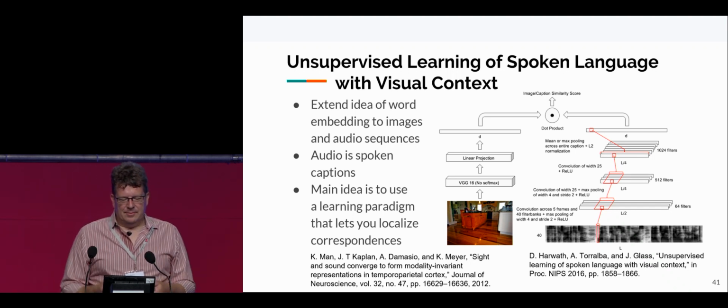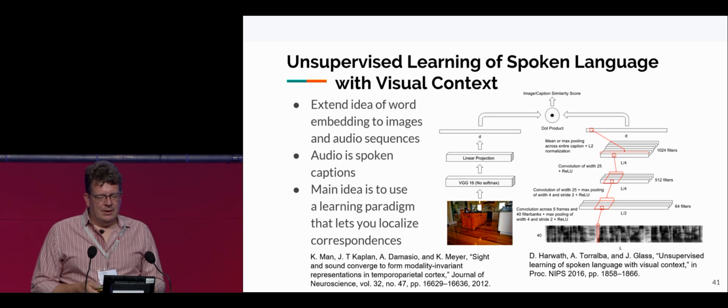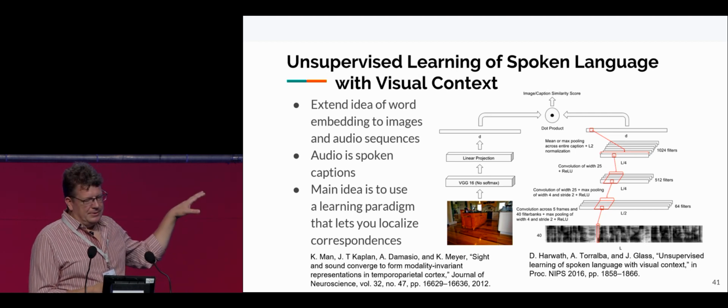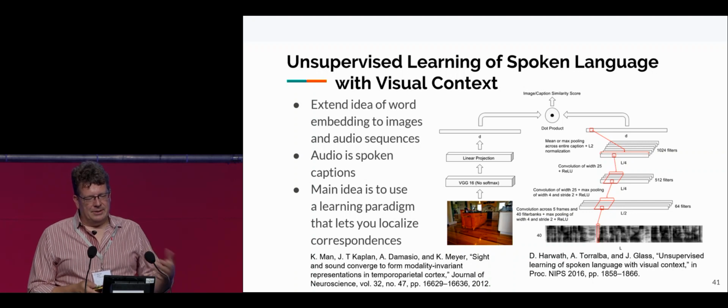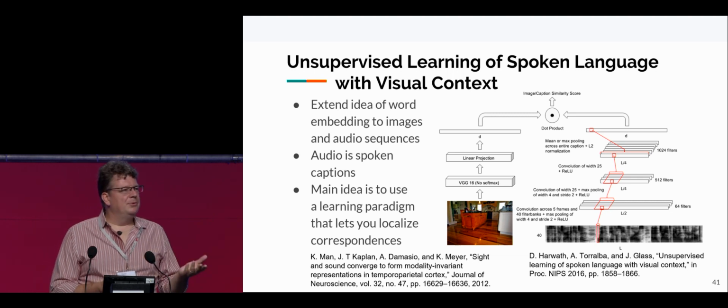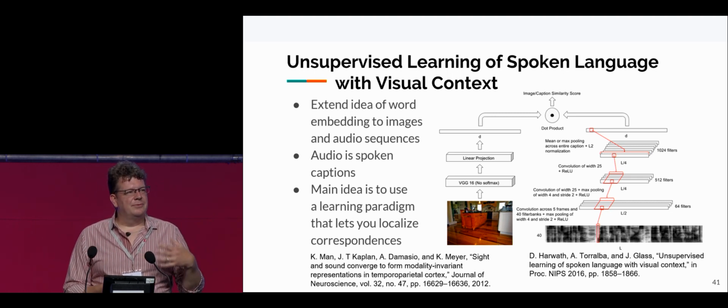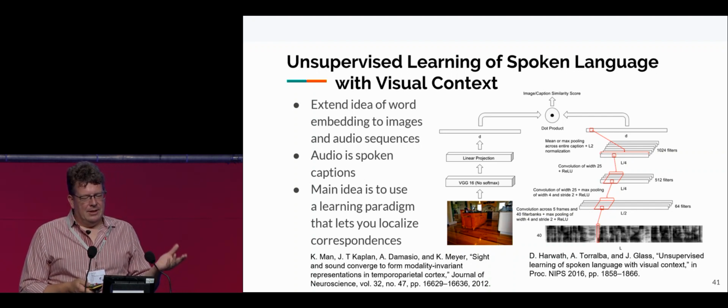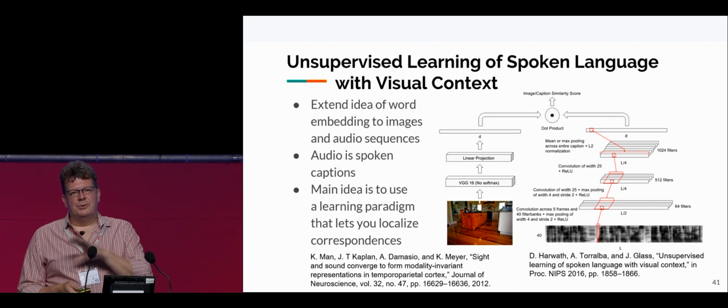So here's an example of work that comes out of Jim Glass's group, where we also take images. You can see this on the left-hand side. We're extracting semantic features using a pre-trained VGG net, which we don't use for classification, but just for extracting a semantic representation of this image. And we have a corresponding audio caption.